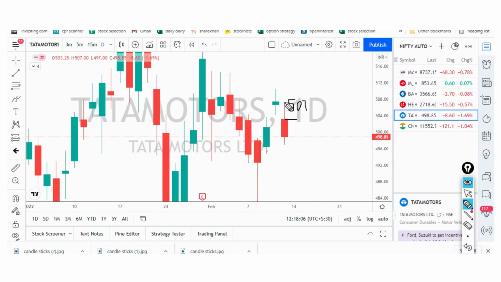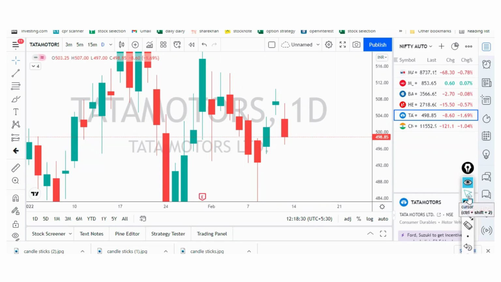Did not sustain there. Came down, down, down, till 498. See here, this is 498.85, came down till 498, and it closed at 498.85. So this is a bearish scenario.